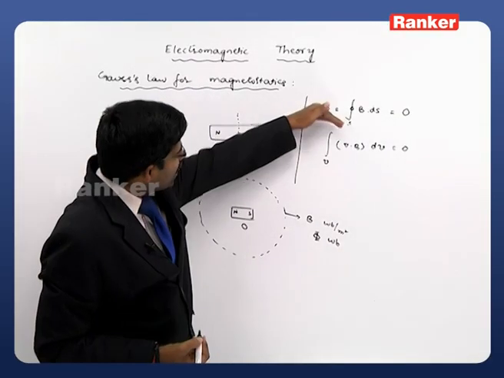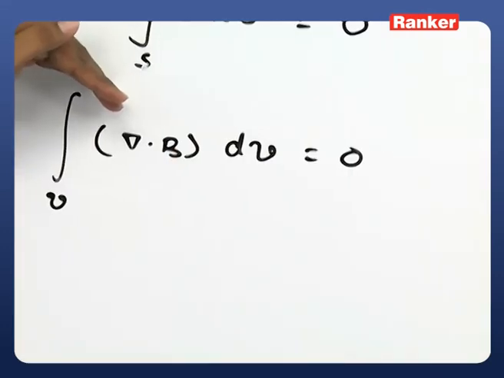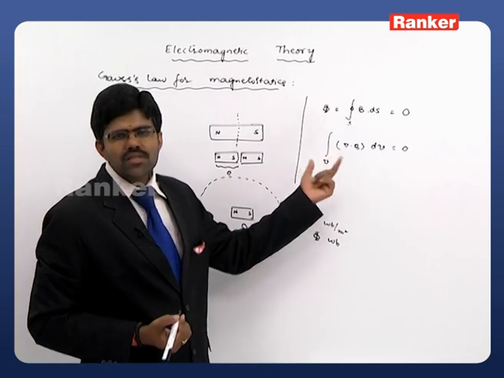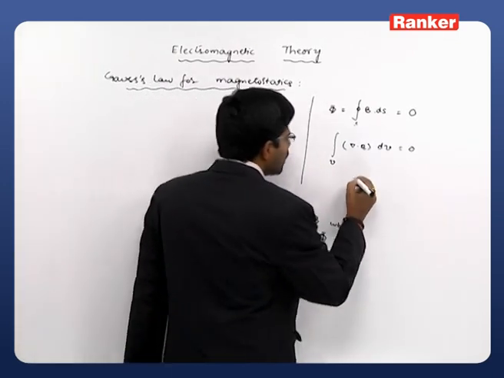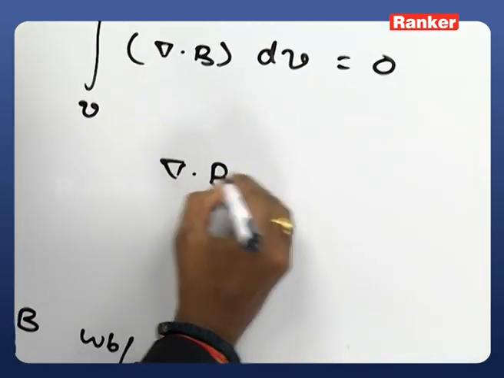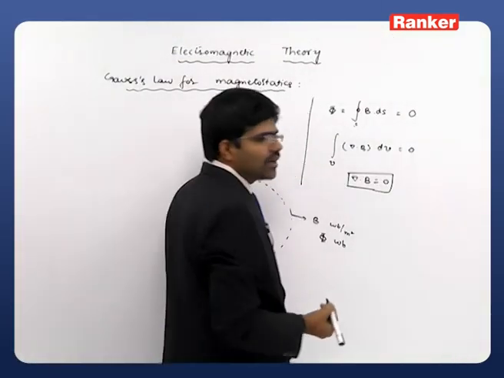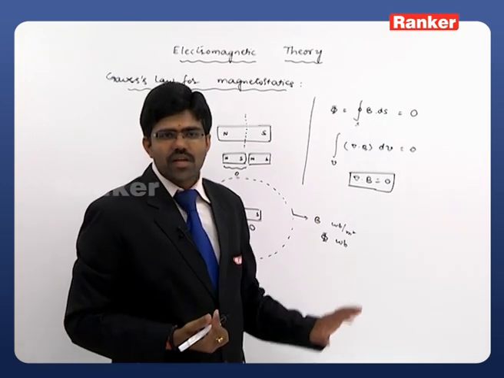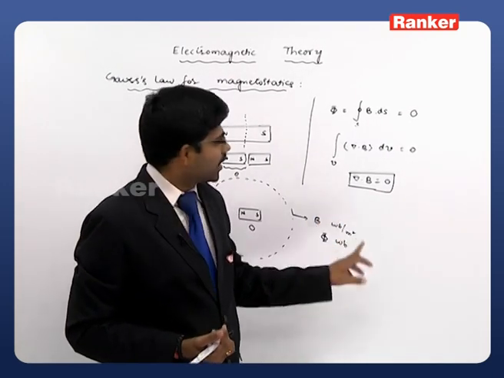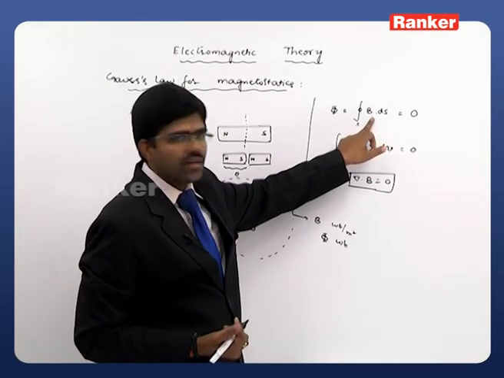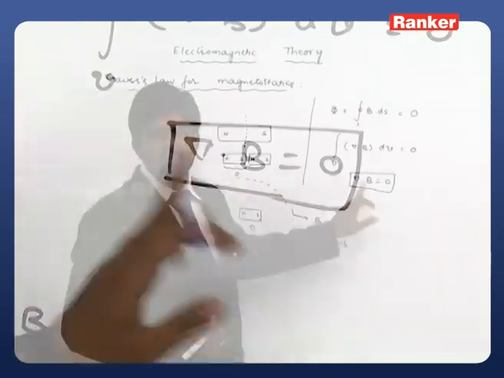From this observation, clearly we can say that del dot B is equal to 0. This is called one of Maxwell's equations for magnetostatics in its point form or differential form. The earlier one is the equation in integral form, and this is the equation in point form.